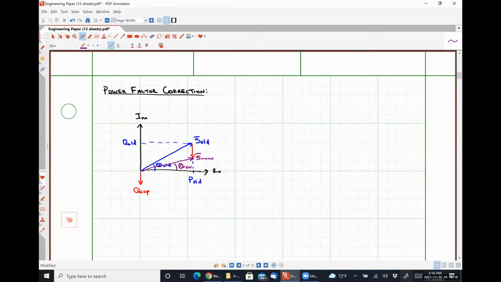Now we need to figure out what size of capacitor we need to put in to reach a specific level. Okay. So we could say that S old is equal to P old plus jQ old.